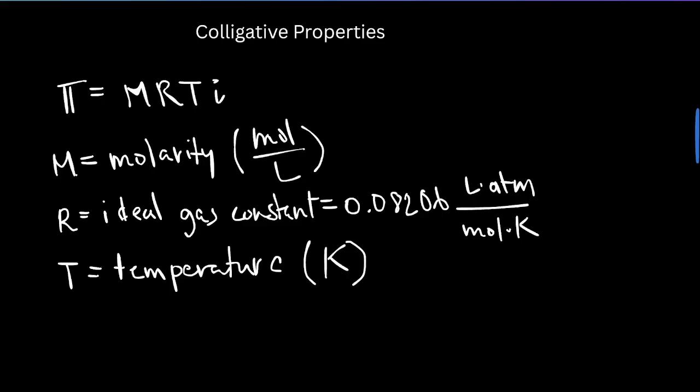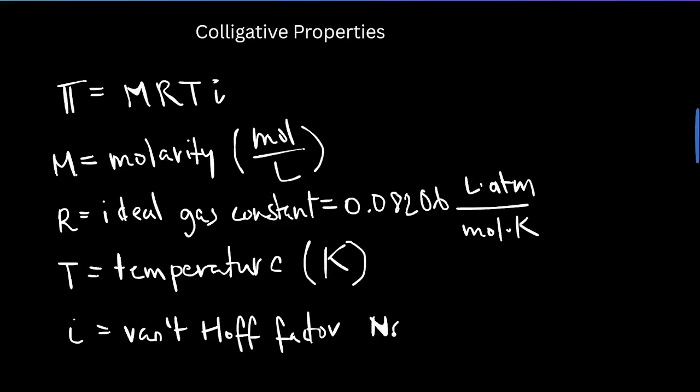And finally, our i, well, that is something we've become quite familiar with looking at our colligative properties, right? That is going to be your Van 't Hoff factor. Colligative properties are definitionally dependent upon the number of particles, which is why the Van 't Hoff factor is important.